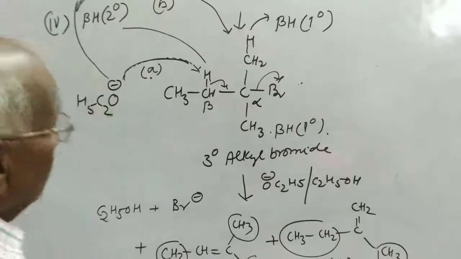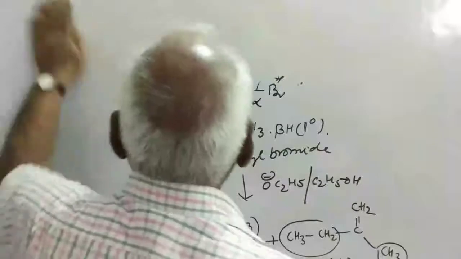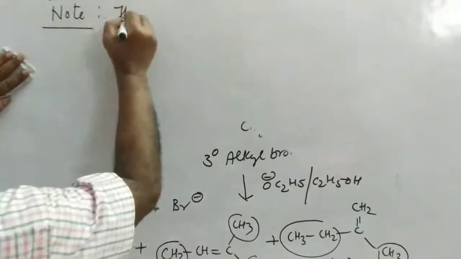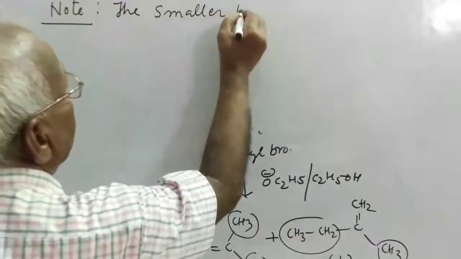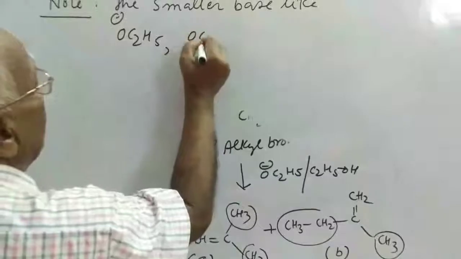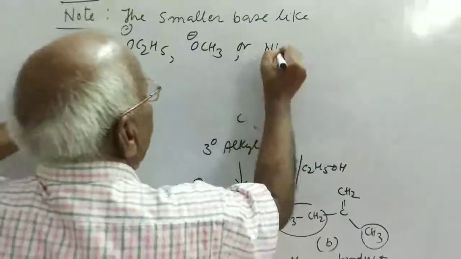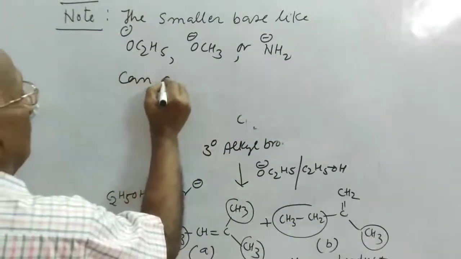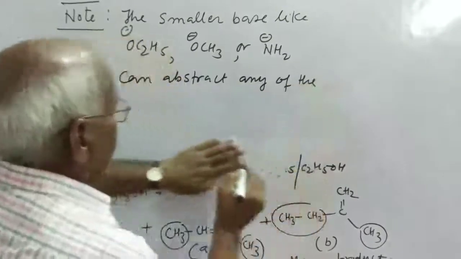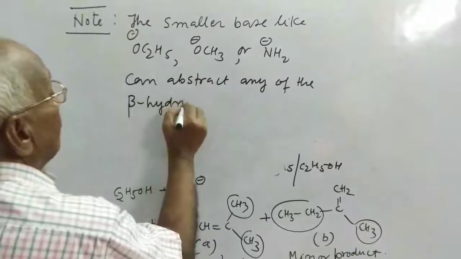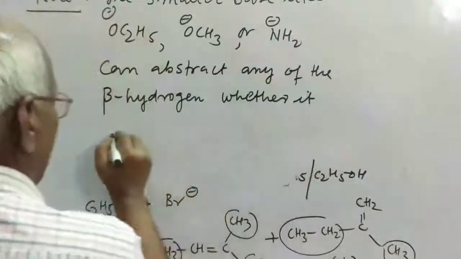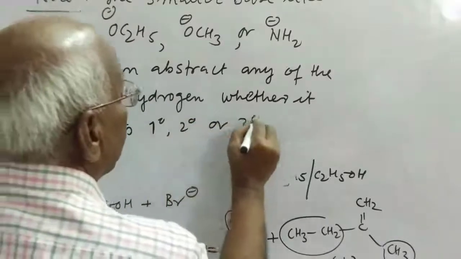The other example is, important note: the smaller bases like ethoxide ion, methoxide ion, or amide ion can abstract any of the beta hydrogen, whether it is 1 degree, 2 degree or 3 degree from the substrate.